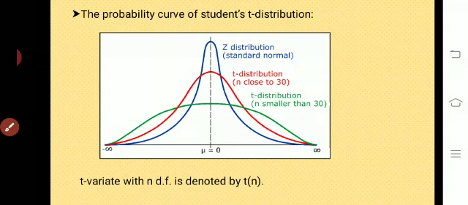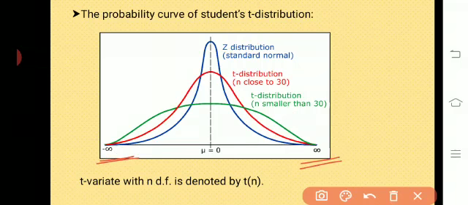The t distribution range is minus infinity to plus infinity, and the t distribution is symmetrical about mu equal to 0 or t equal to 0.